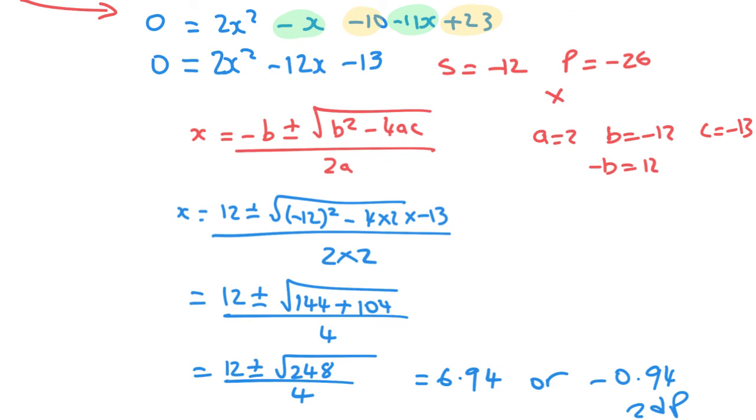And remember, the b was minus 12, the minus b was 12, so that's where that 12 came from. And we need to put brackets around our b so that whenever we square it, it becomes a positive number. If we forget the brackets, this is going to be a minus 144, and the square root is not going to work.